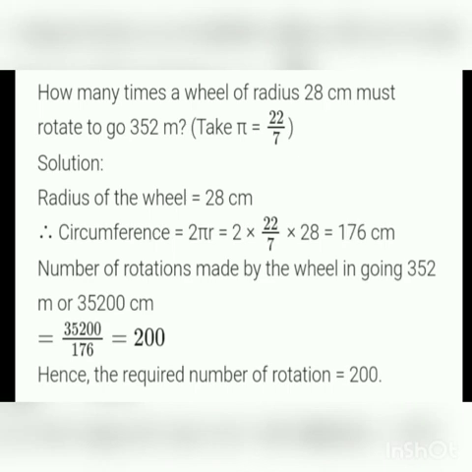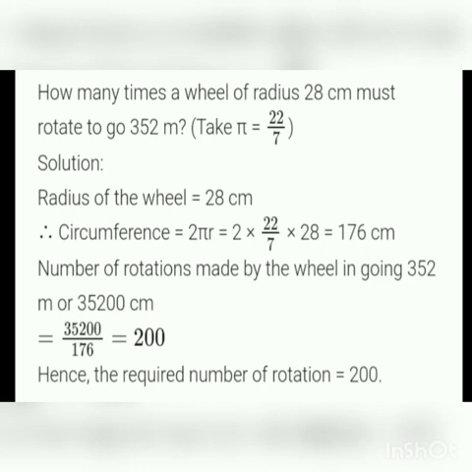When that wheel rotates one time, it covers a distance of 176 centimeter. So in order to cover 35,200 centimeter, how many times? For that we divide 35,200 by 176, and we get 200. That means the wheel rotates 200 times in order to cover a distance of 35,200 centimeter.